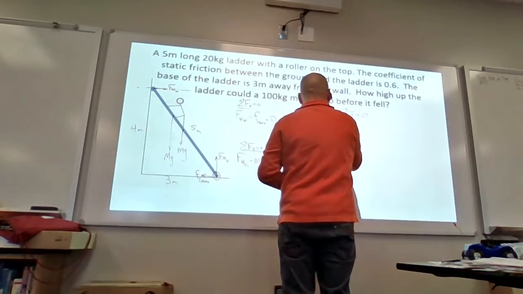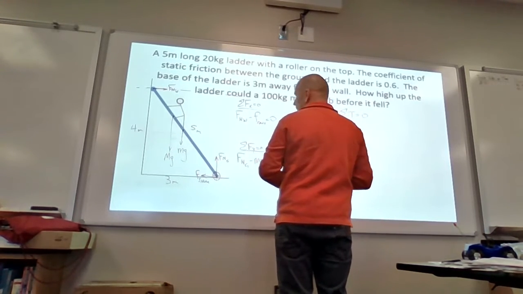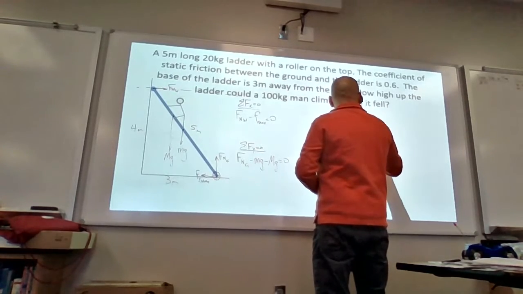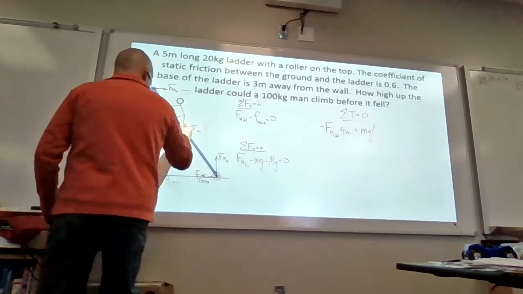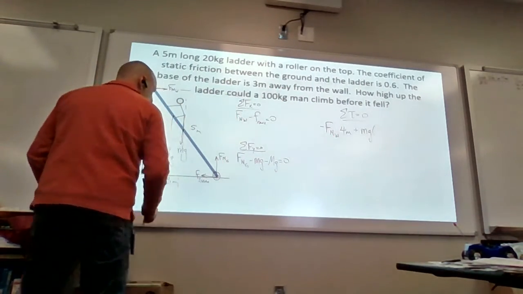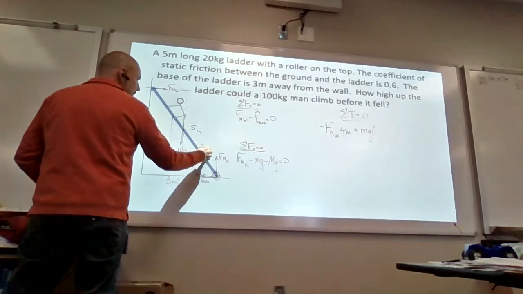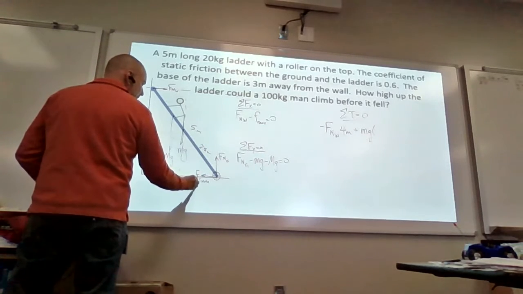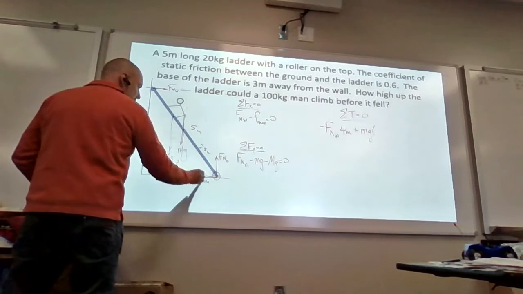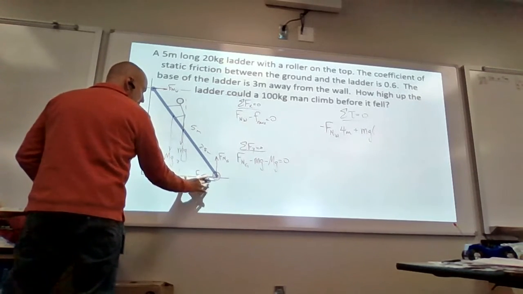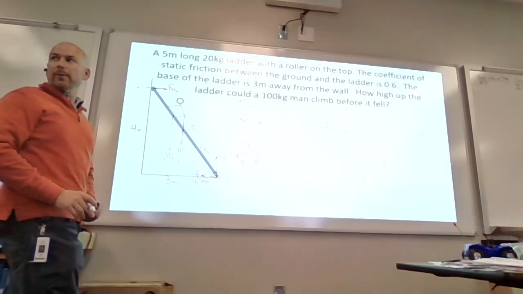So we have a negative normal force from the wall times 4 meters, plus the force of gravity of the ladder times the lever arm. Here's the line of action. I know this is 2.5 meters, this is 1.5 meters, so it's probably 2 meters. The lever arm would be 1.5 meters. Everybody okay with that?